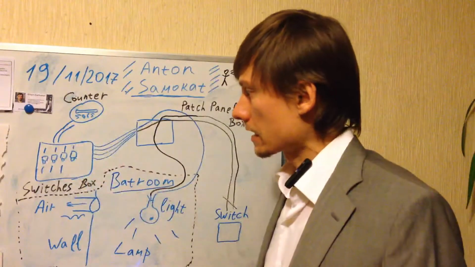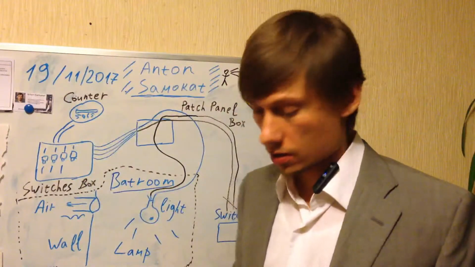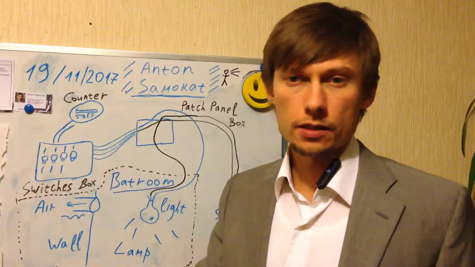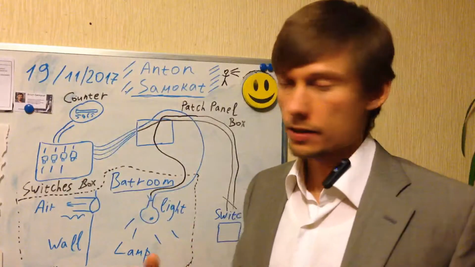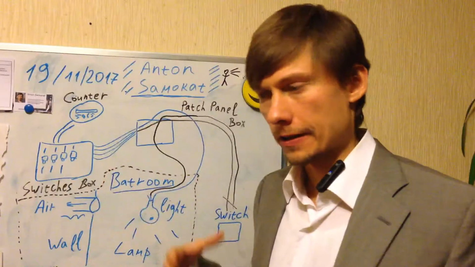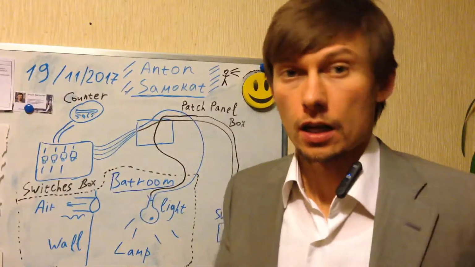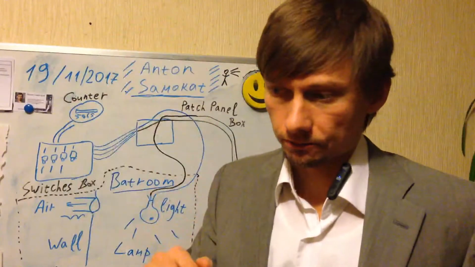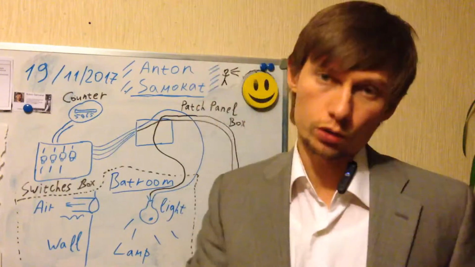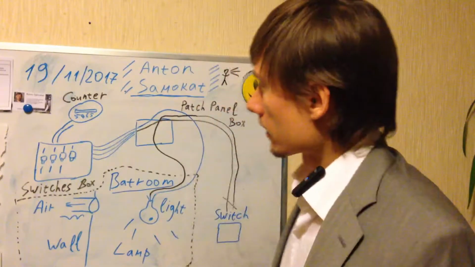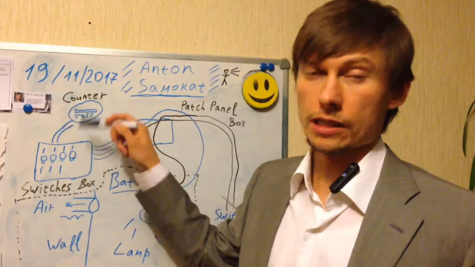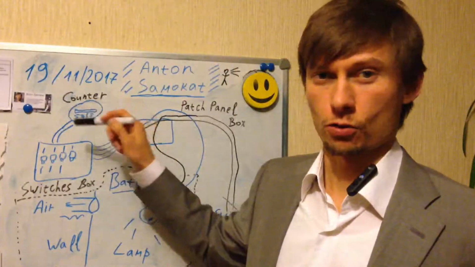Here is the switches box that can switch off electricity, switch on electricity in the different places, in the bathroom, in the toilet, in the kitchen, and upper light, bottom light, and here is a counter which counts electricity, 1, 2, 3, 4, 5.